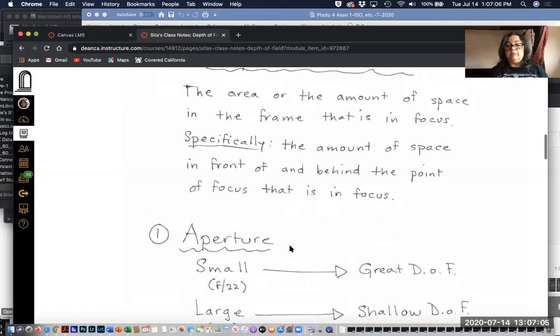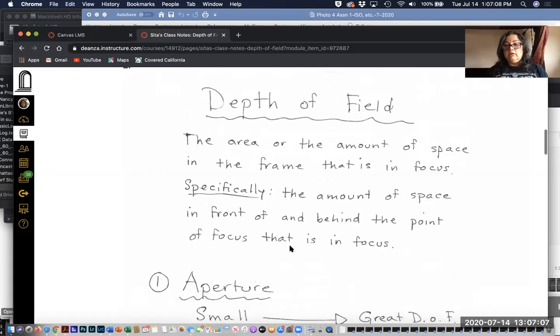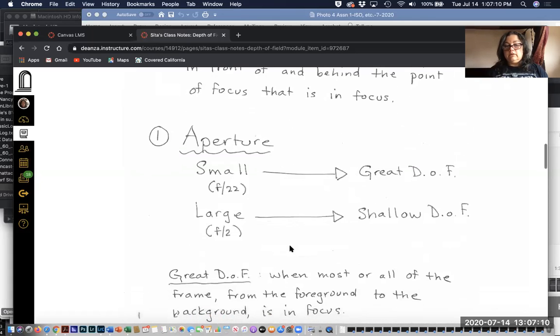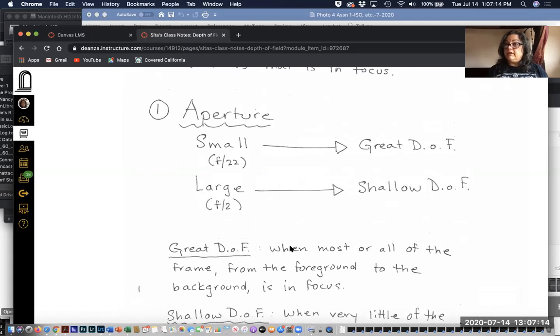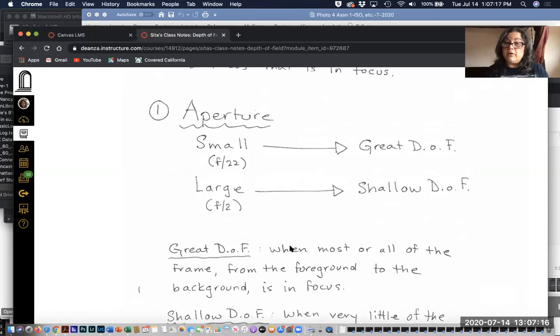Okay, so let me keep going here. So, aperture. The smaller the aperture, and that is the larger the f-stop number, the greater the depth of field. And I have shortened this from depth of field just to DOF, so I abbreviated.